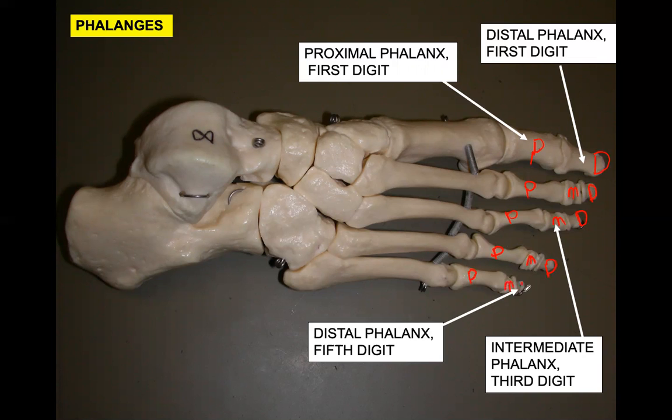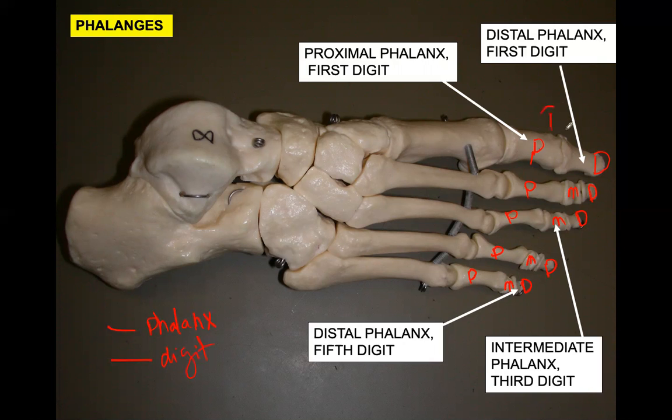Proximal, middle, distal. Notice that your big toe again has only 2 bones, so you only have proximal and distal. Same pattern as we discussed. You write either proximal, middle, or distal. The second word is always going to be phalanx, followed by the number, and then digit.